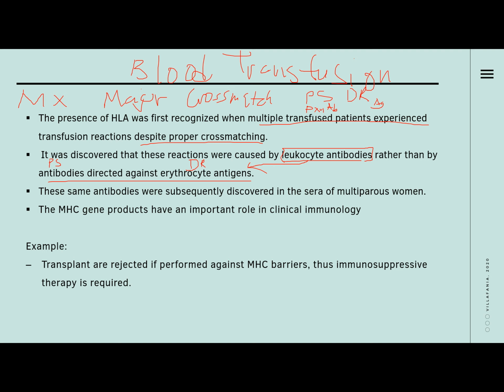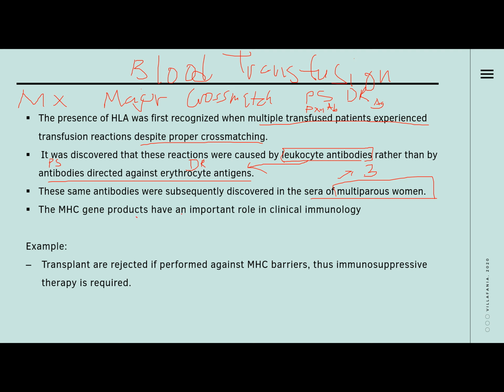So instead of coming from the serum, class, of the patient, they found that leukocyte antibodies would attack the donor RBC or the donor antigens. The same antibodies were subsequently discovered in the sera of multiparous women. Pag sinabi mong multiparous women, class, madami ng anak, multiple children, more than 3, 4, ganon kadami.